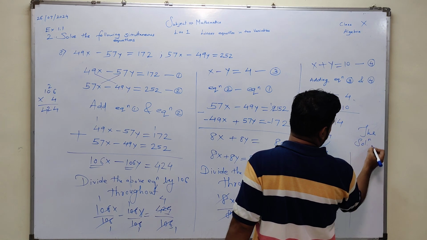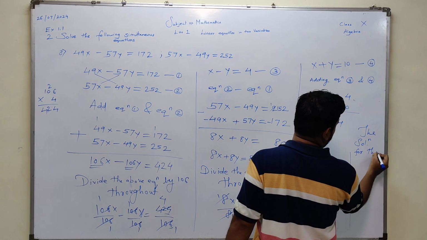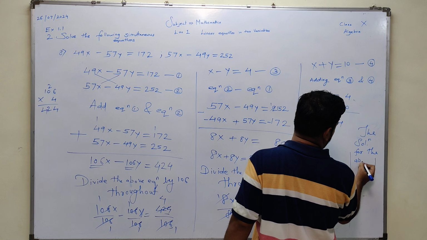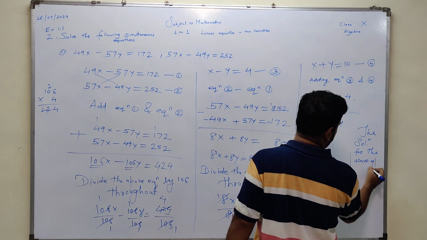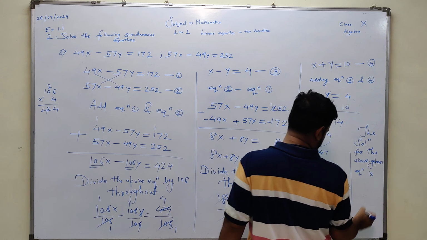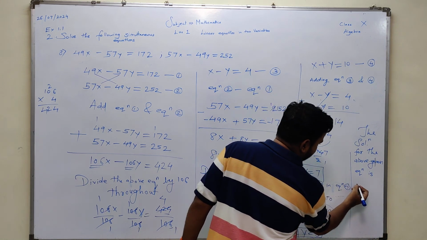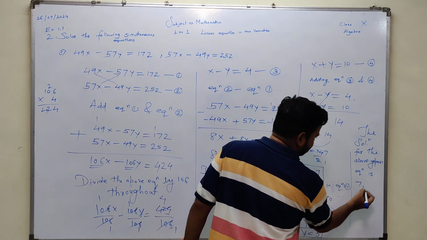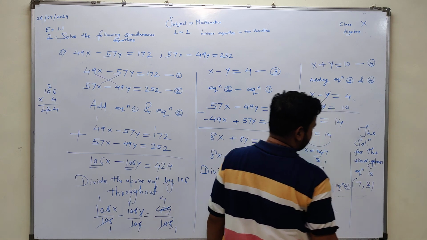The solution for the above given equations is x is 7, y is 3, that is (7, 3).